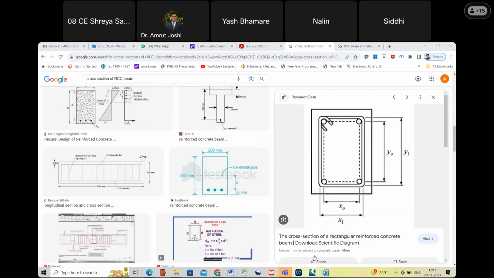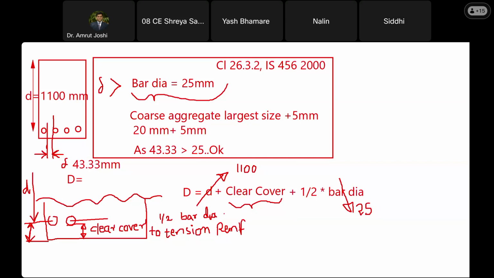Okay, so let me draw it in our case. So let me share whiteboard. Are you able to see our slide back? Yes, sir. So what is going to be there? These are going to be the 4 bars, and around these 4 bars, you are going to have stirrups like this, isn't it?